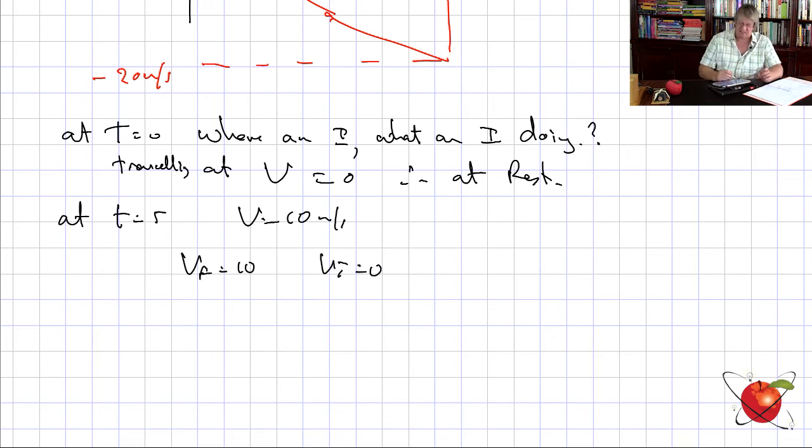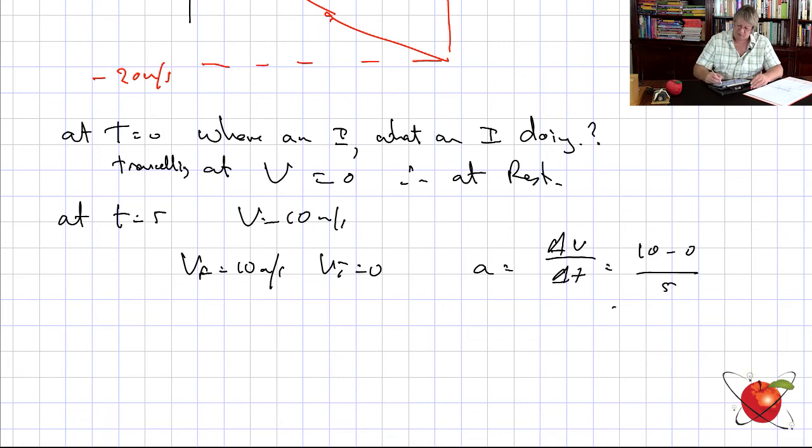I was at rest, I'm now doing 10 meters per second. I must have accelerated, because acceleration is delta v over delta t, which is 10 minus 0 over 5, which is 2 meters per second squared.